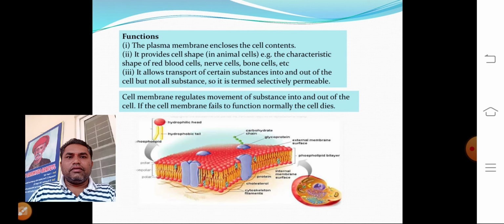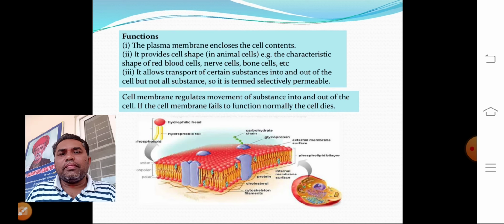It regulates the movement of substances into and out of the cell. What happens if the functioning of the plasma membrane fails? The cell will die because it stops allowing the material. These are the main functions of the plasma membrane.